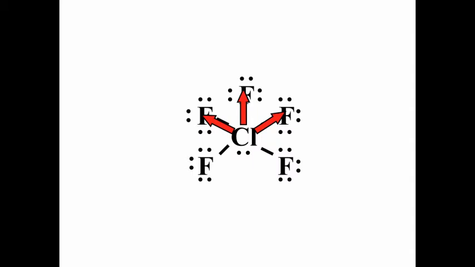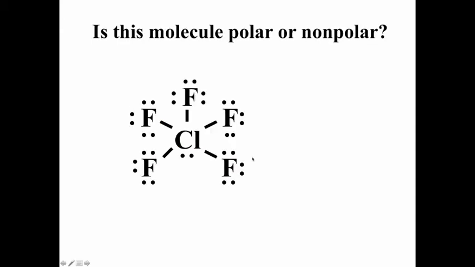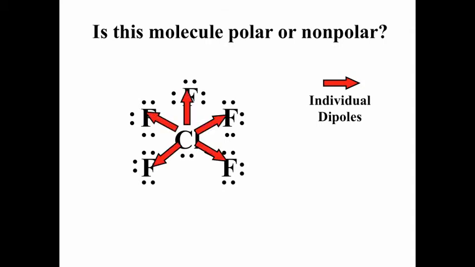And is this molecule polar or not polar? Well, if we go back to our Lewis dot structure and draw in individual dipoles, we note that chlorine is less electronegative, fluorine is more electronegative, and so we have 5 dipoles, and then the question is, do they cancel out or not?